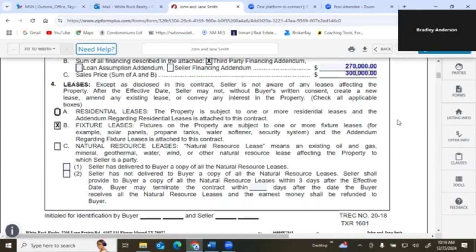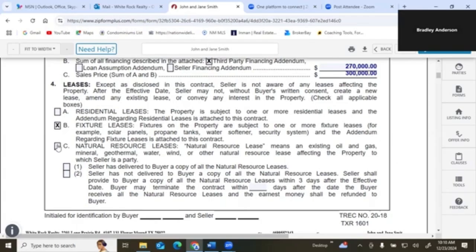Because those leases, whether it's a solar panel or propane tank, water softener, security system, or Ring doorbell, any of the things that's attached to your internet wiring, that can create a lot of issues. Okay. So they have to be conveyed and conveyed cleanly.